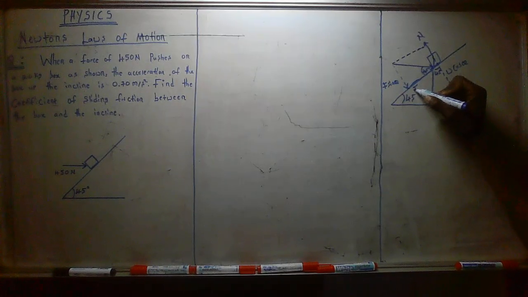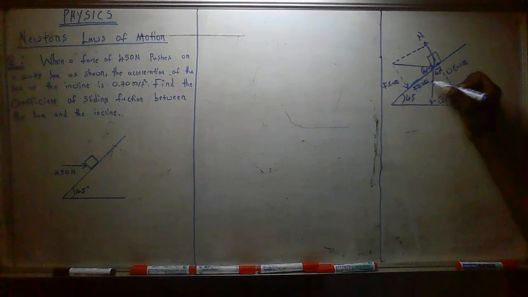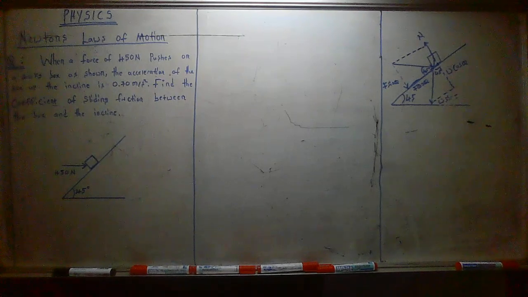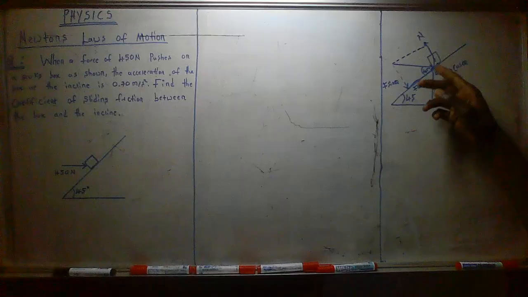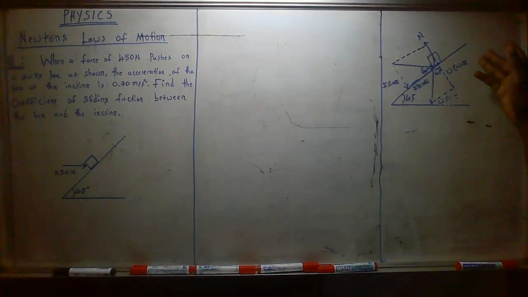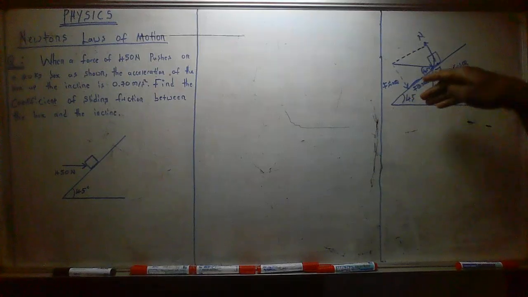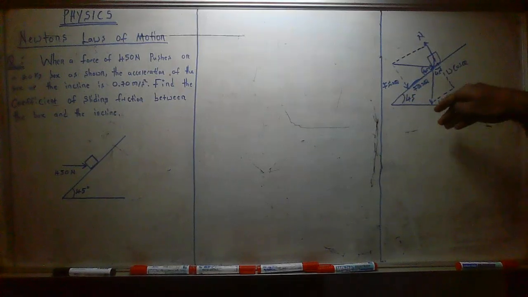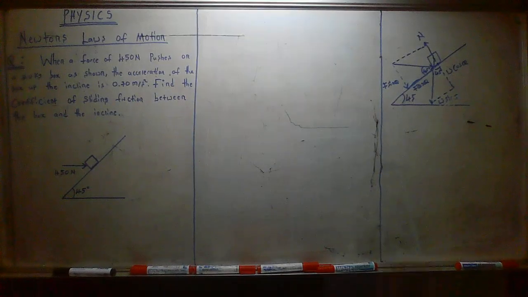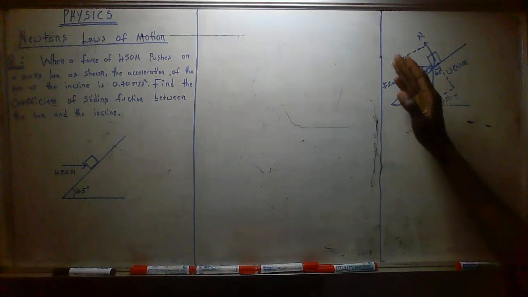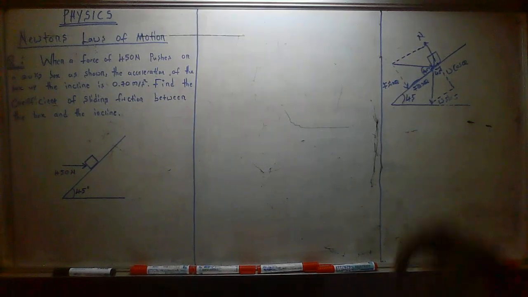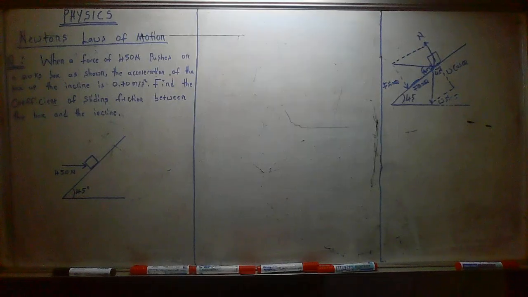This one will be F cos theta. So this component of the force is the one that will make this box move upward. What about this component? Since it is acting towards the incline, it will increase the normal force. If this force was acting upward, then it would reduce the normal force. All right. So we can come up with the formula from there.